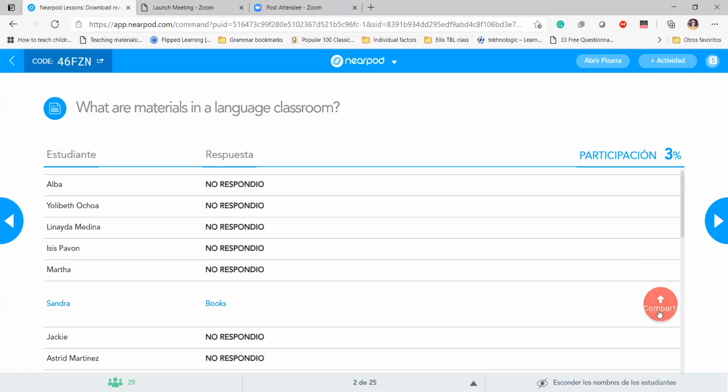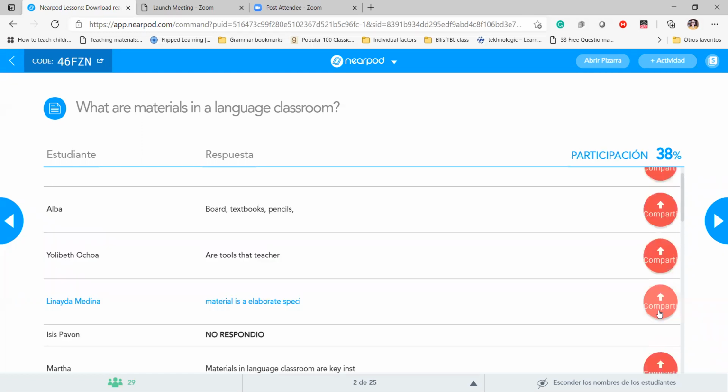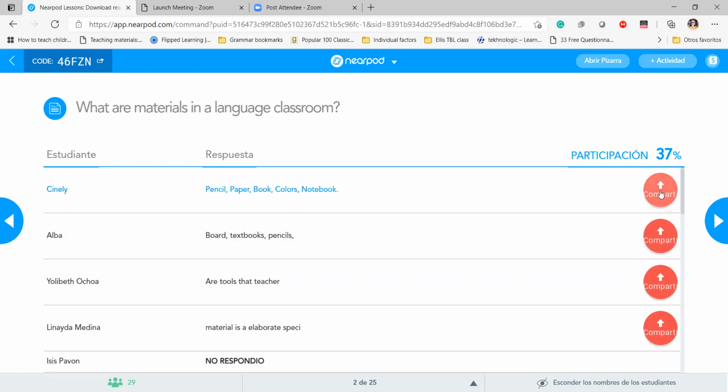Okay. Sandra says that books are materials. Good. Okay. Are tools that a teacher uses, I guess. Alba says books, textbooks.